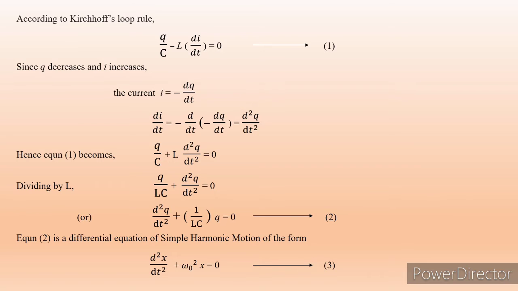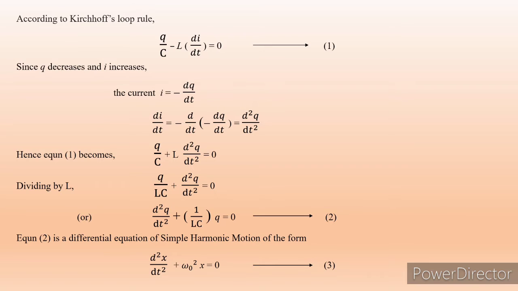That is equal to, minus of minus will become plus, d by dt of dq by dt will become d square q by dt square. Hence, equation 1 becomes q by c plus L d square q by dt square is equal to 0, or d square q by dt square plus 1 by LC into q is equal to 0.